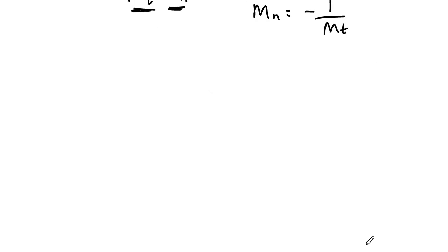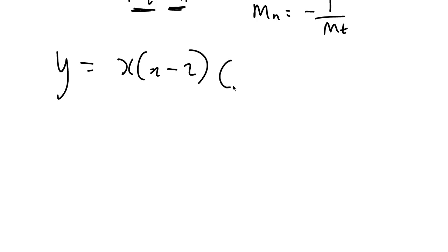So let's say we are given this question now, and you are asked to determine the equation of the normal to the curve. You are given y equal to x into x -2 into x +3, and you are asked in the exam to determine the equation of the normal to the curve at (-1, 6).